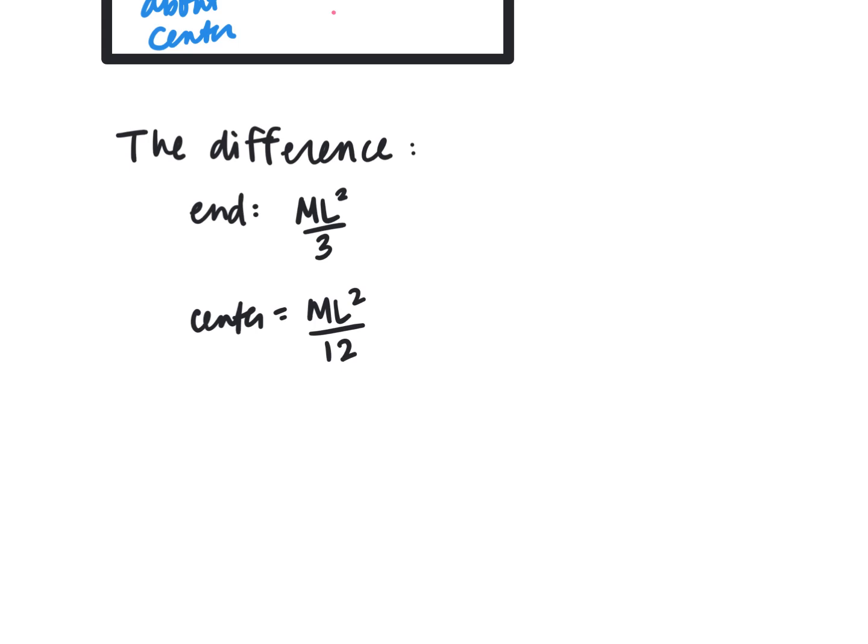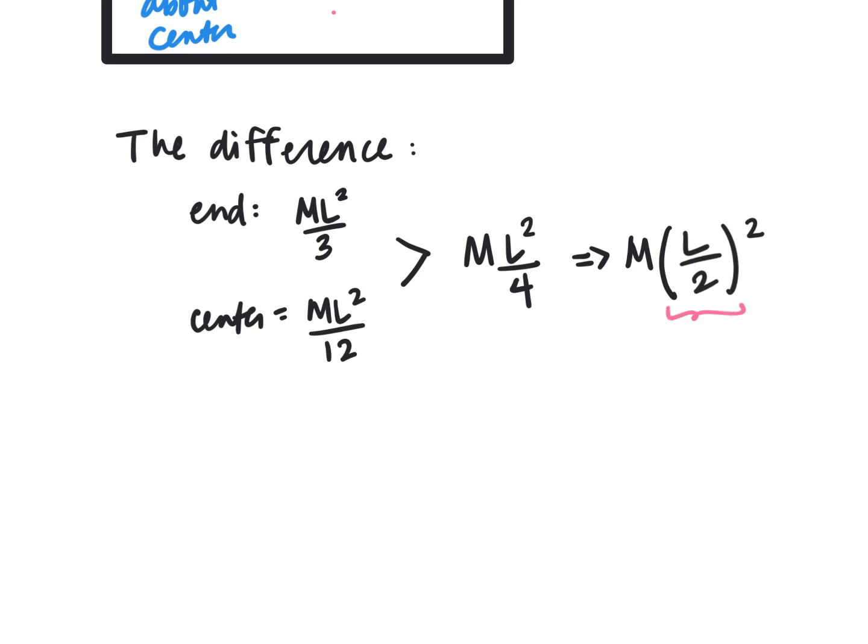So the difference in these two, 1/3 minus 1/12, is equal to mL squared over 4, which would be equivalent to m times L over 2 all squared. And notice that this L over 2 is the distance from the center of the rod to the end of the rod.